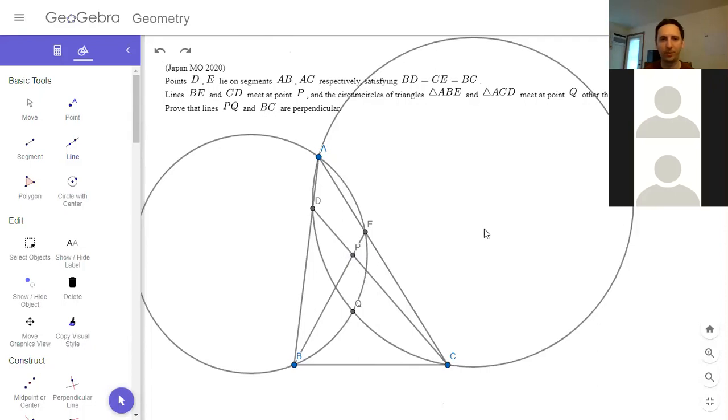This is a tricky problem. Thinking if we could do power of a point or something. Yeah, so what would that mean? There's another way: I could drop a perpendicular from Q to BC and show that those are collinear with P.